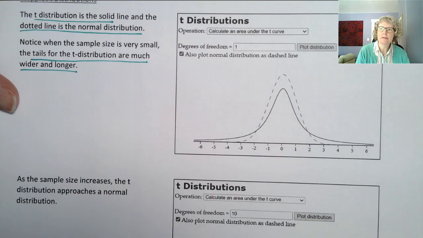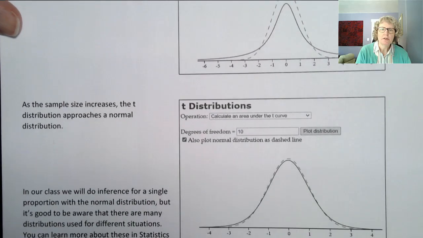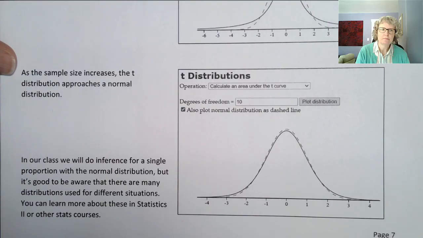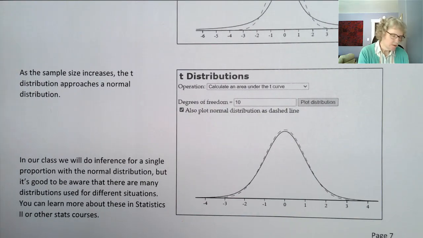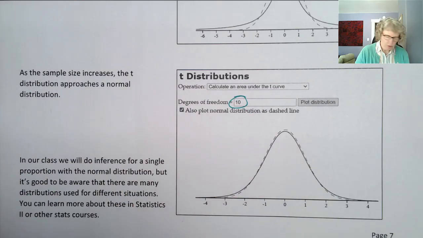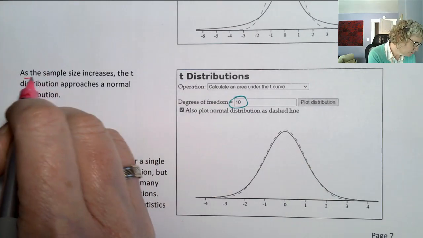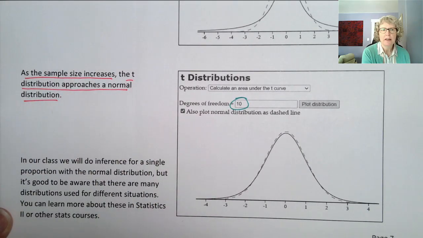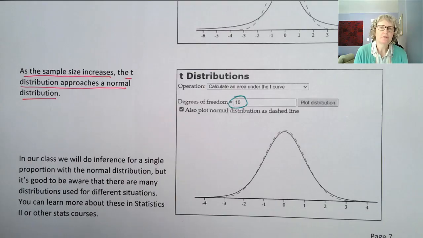So we have degrees of freedom 10. As the sample size increases, the t-distribution does approach a normal distribution. That's also why we can use a normal distribution for a large sample size, because the t and normal are basically the same.